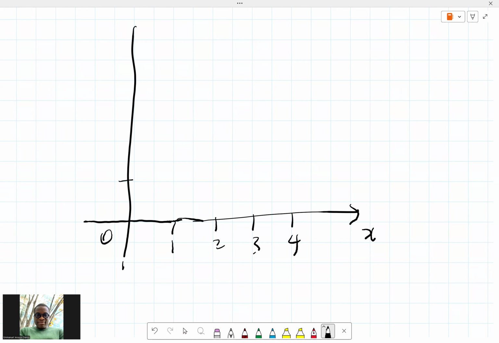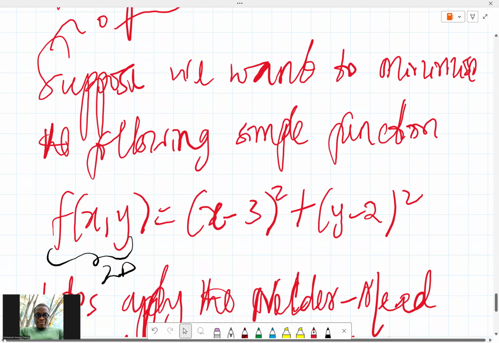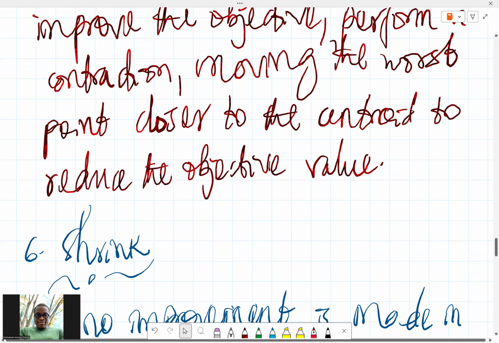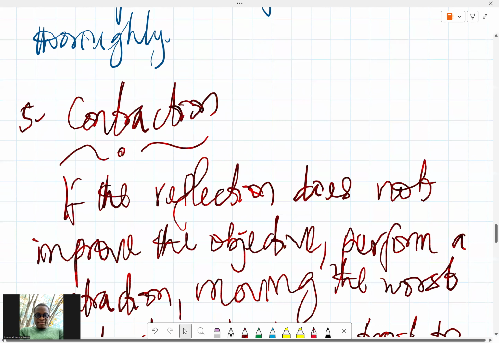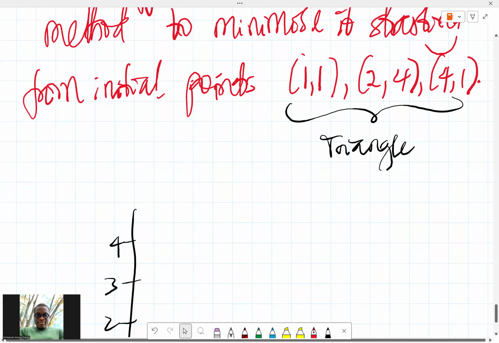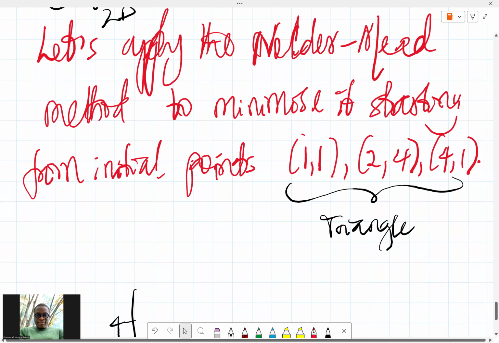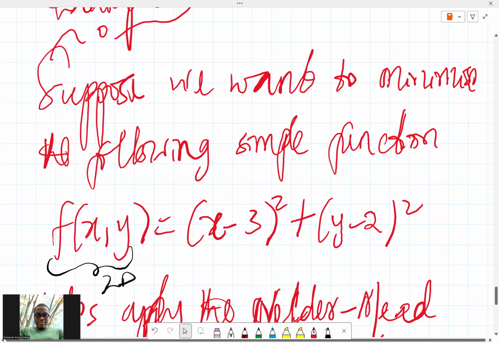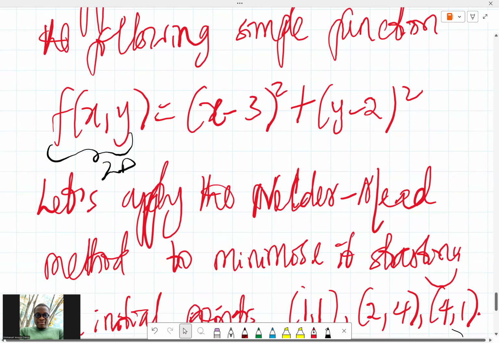This is the origin, this is 1, 2, 3, and 4. If you look at the function itself, it's going to be some kind of circle or so. Normally a circle would be x squared plus y squared equals r, so this is going to be very close to a circle.